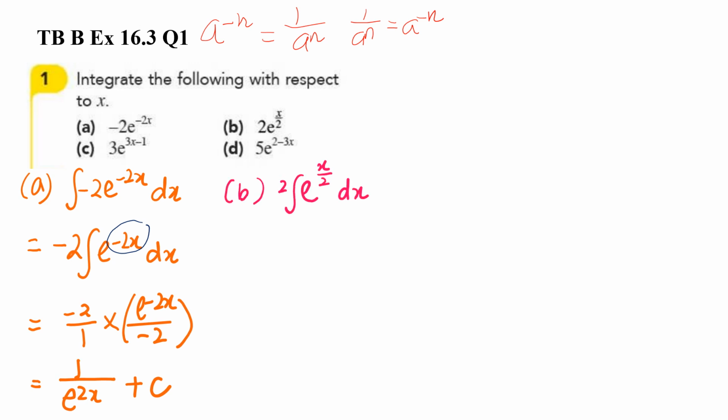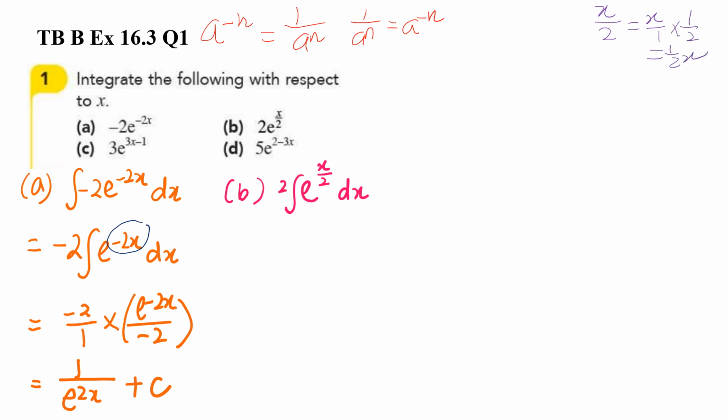So whatever you see there is e to the power x over 2, right? Then just write it down, then divide by the differentiation of x over 2. x over 2 can be written as half x, as I've already explained before. x over 2 basically is just x over 1 times half, and that is just half x.